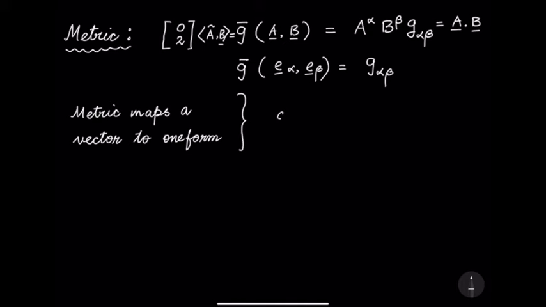If you put in a vector A here, and for the other slot you put the beta unit vector, then if you work it out, it becomes A alpha G alpha beta, which is the beta component of the one form.